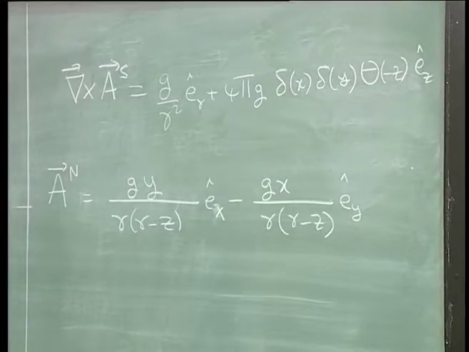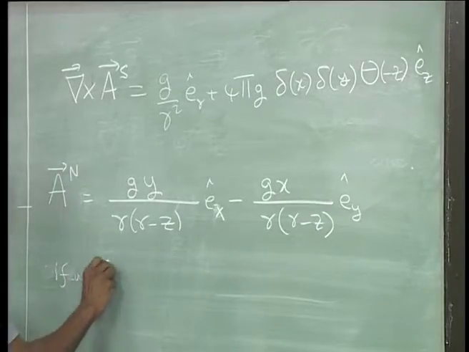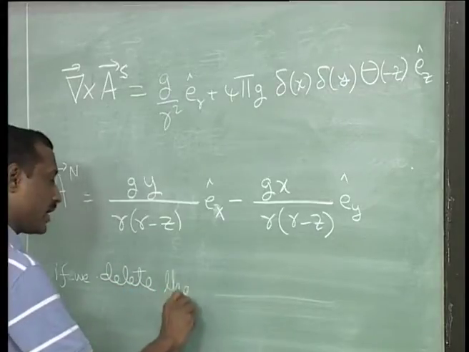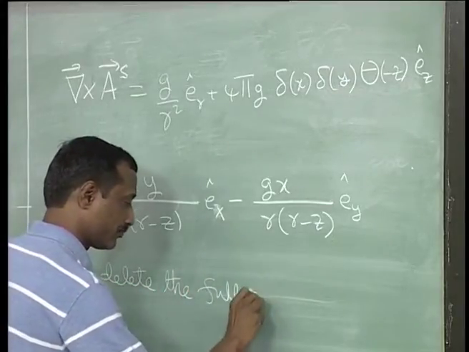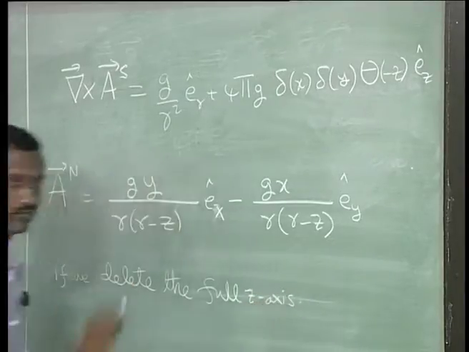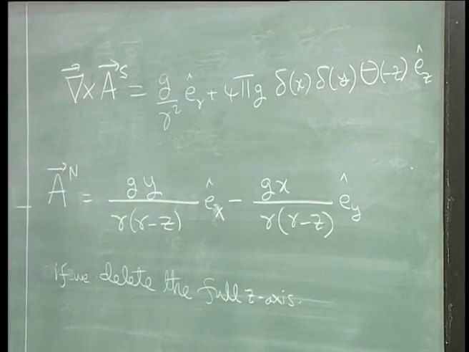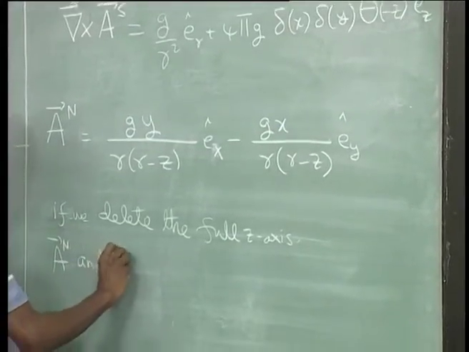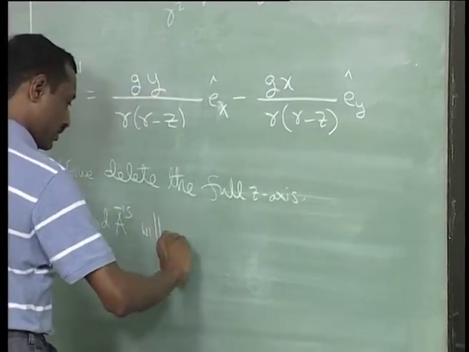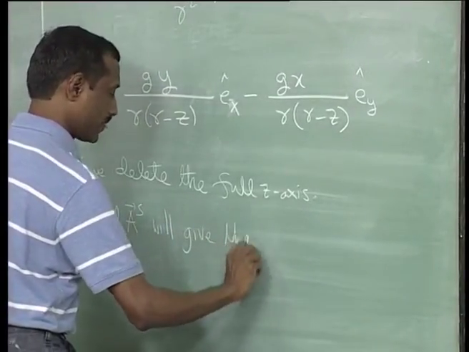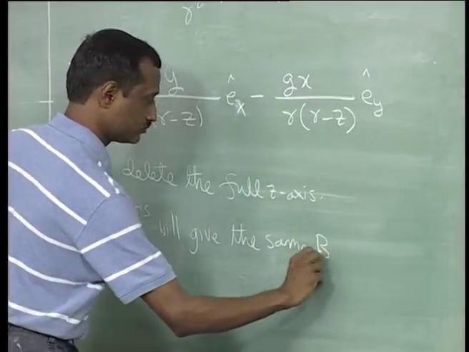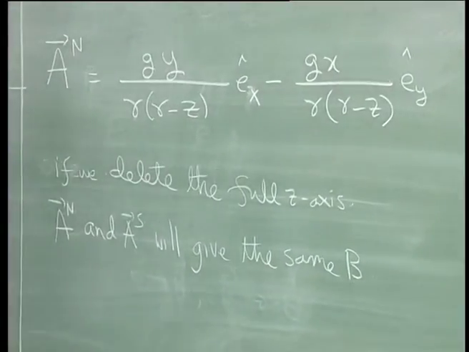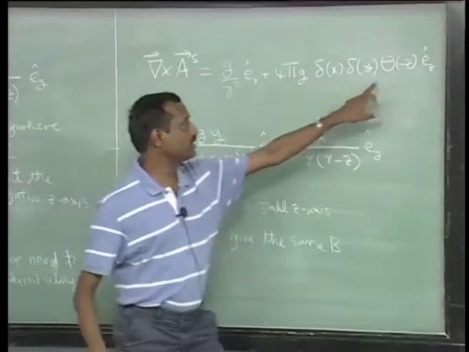Okay. But now you can see that on regions, if we delete the full z axis, then these two, A_N and A_S, will give the same B. So del cross A_N will give the same thing with a plus out here.